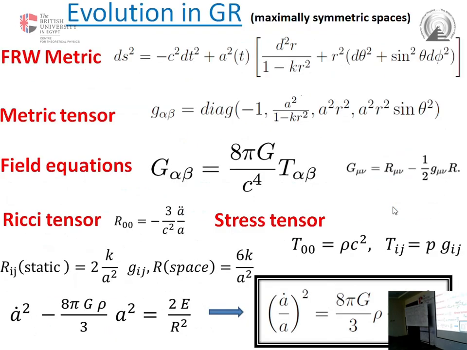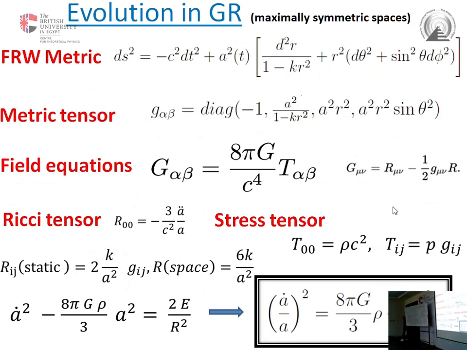And this is how it looks like in GR. Since you did a lot of GR already, maybe it doesn't look frightening when I do it on the first day. So this is our metric, and these are the metric tensor elements, not the energy momentum.